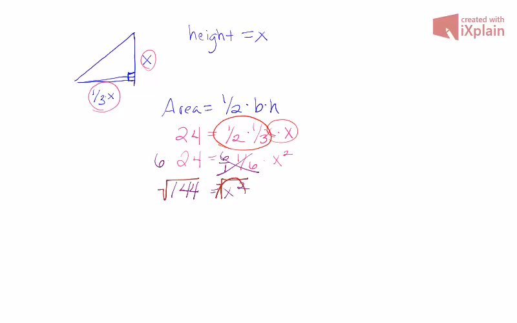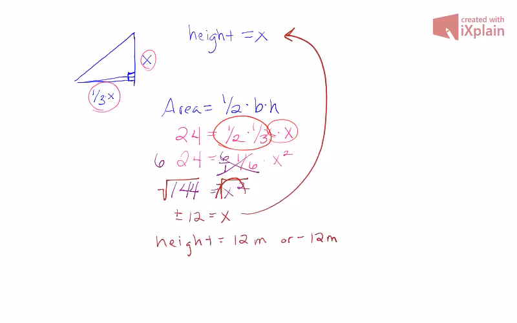If you take the square root of 144, we get plus or minus 12 is equal to x. So when you have this solution, you're saying that x, which we had already denoted was the height, either equals 12 meters, I believe, is the unit that we're working with. Yes, so 12 meters, or the height could be negative 12 meters.